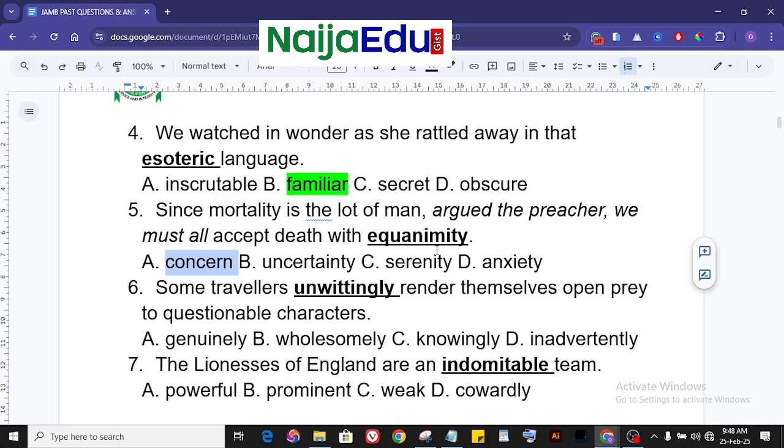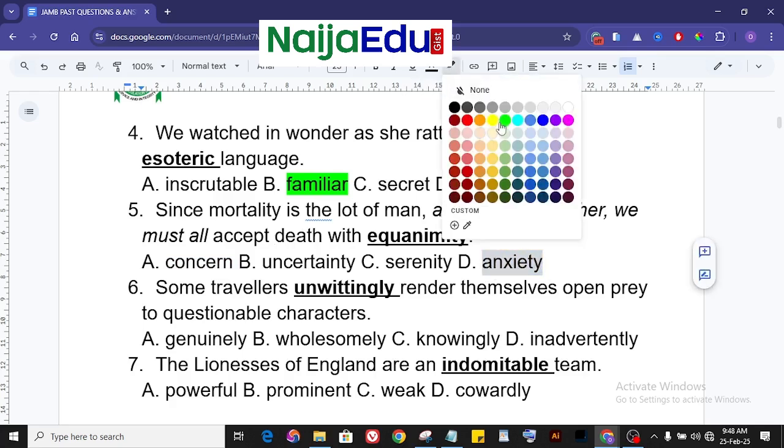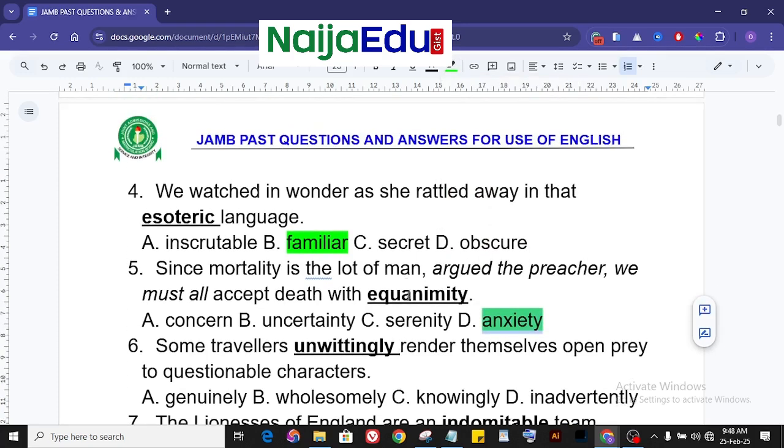You'll have to be calm. Then option D, anxiety. That means you are not calm. You have to be worried. You have to be nervous. That is what anxiety means. So the correct answer to question 5 is anxiety, which is opposite in meaning to equanimity.